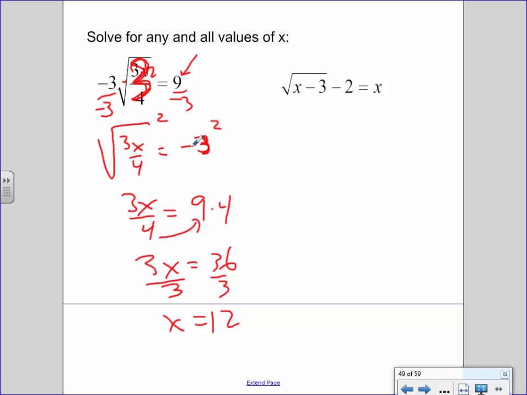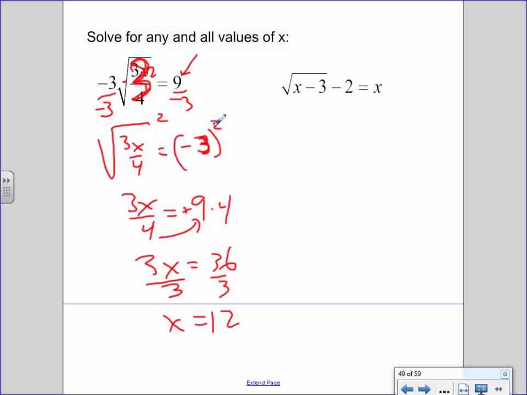You know how when we had negative 3 right here and we squared it? It gave us positive 9. This is the reason why sometimes you pick up a phantom answer: when you have a negative times a negative, it gives you a positive. Well, not sometimes, it always gives you a positive. And sometimes that changes how things work. You know what I'm saying here?